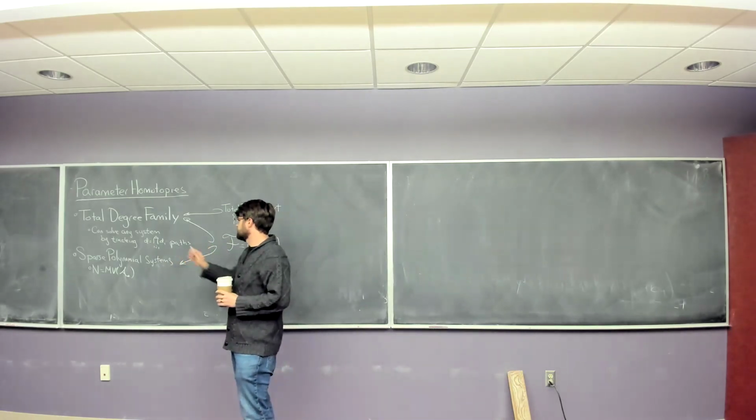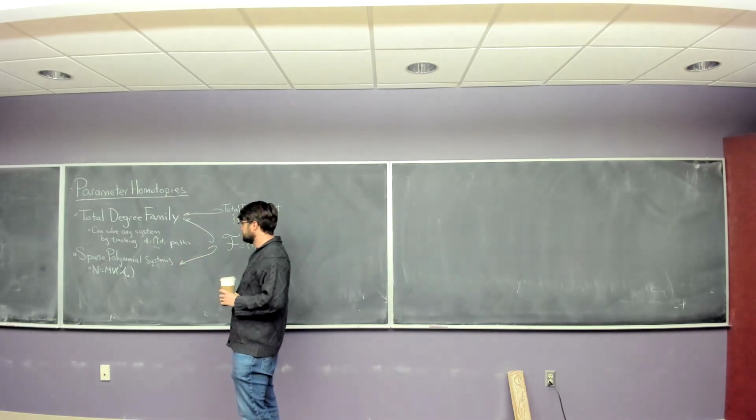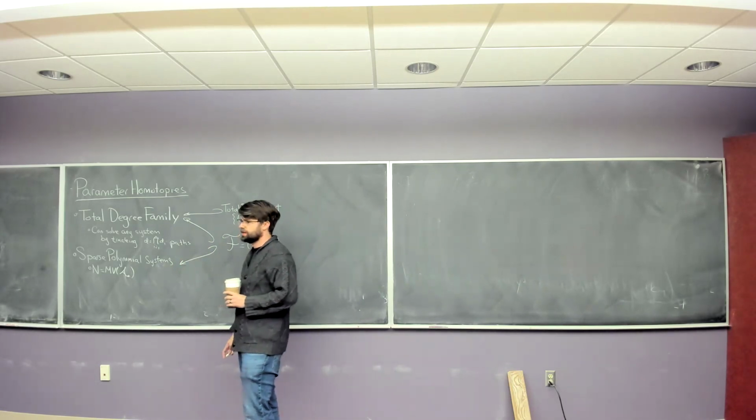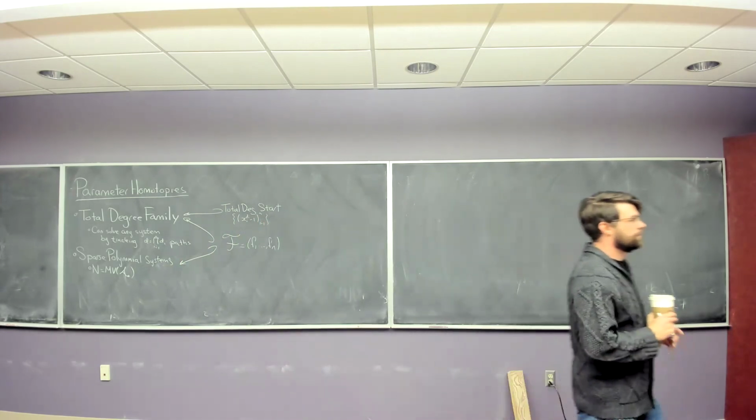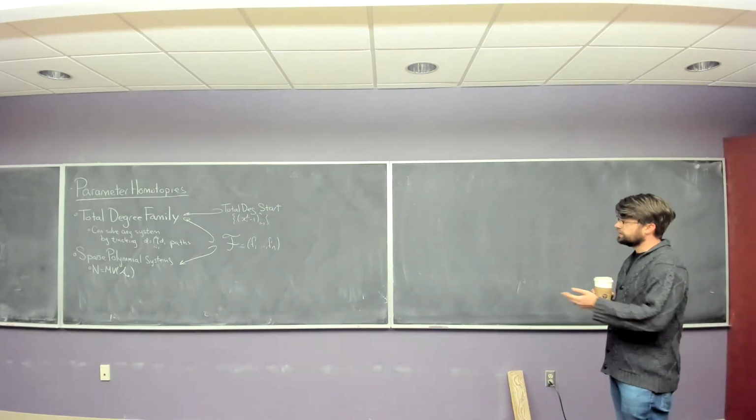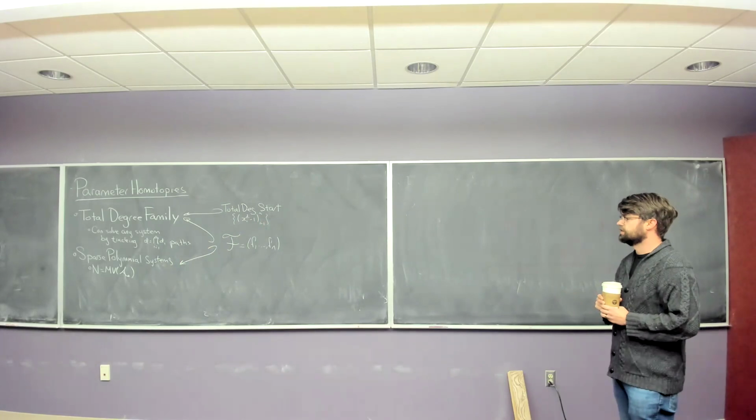But in the sparse polynomial system, it does not appear that there's such an obvious choice for a particular instance, which is easily solved.